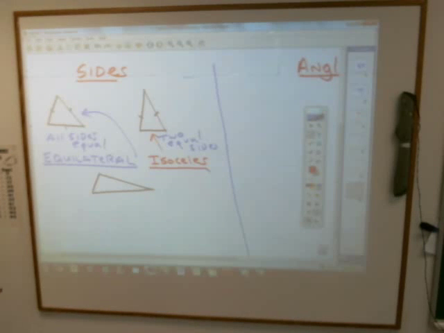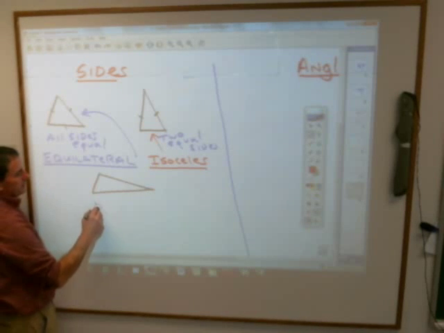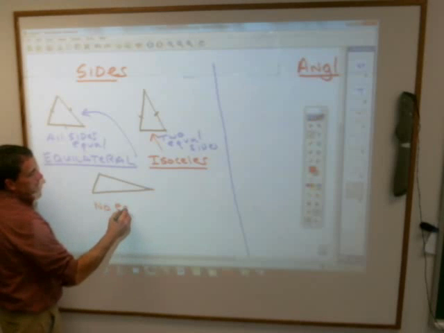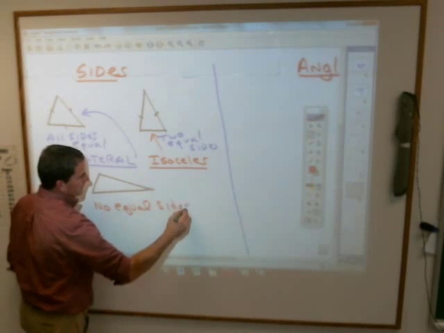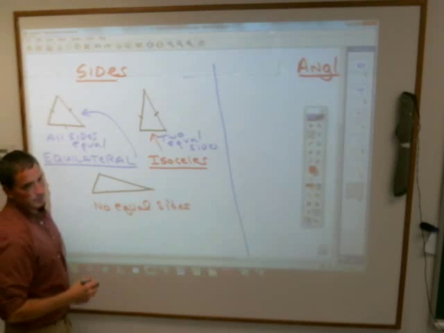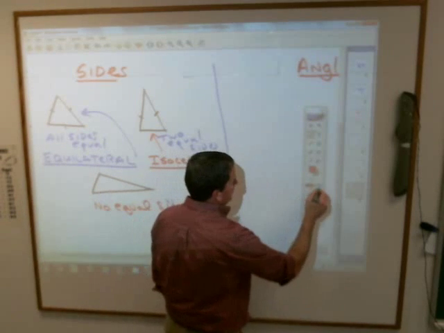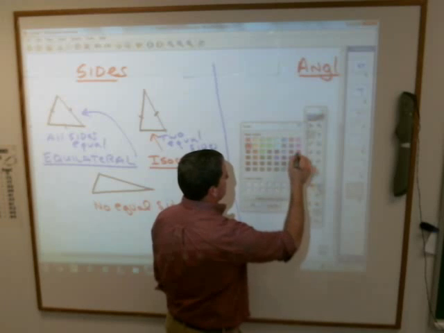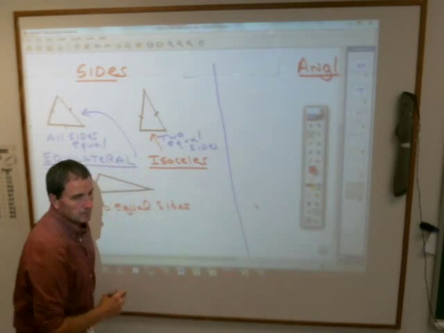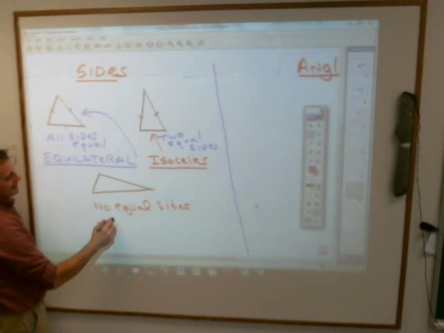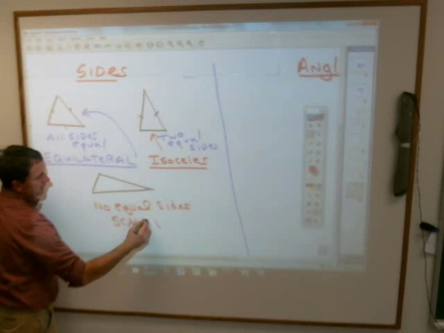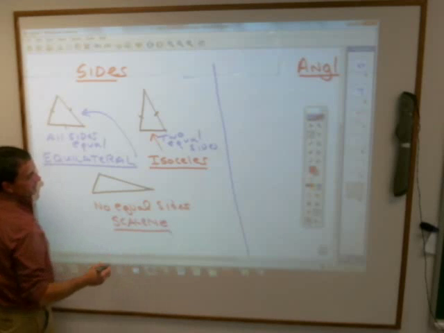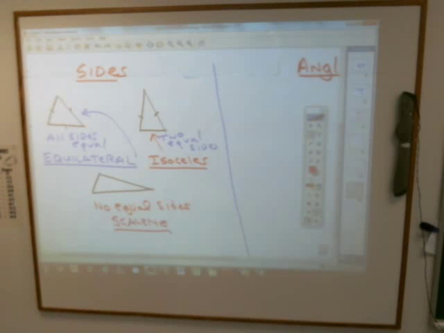And if it has no equal sides, if all the sides are different lengths, not a word you hear very often either, it is scalene. No equal sides.